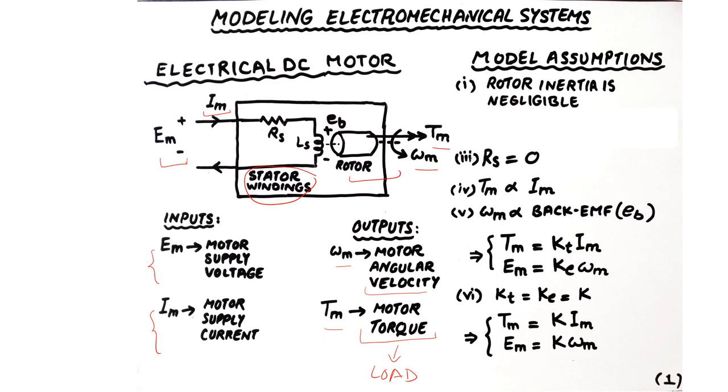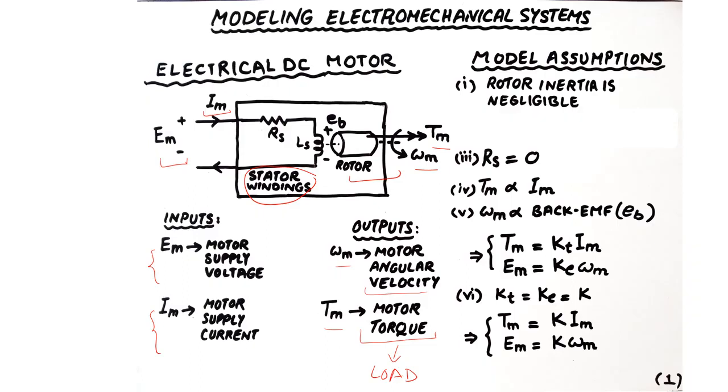This model is suitable for a large variety of DC motors, even if the actual hardware composition is slightly different. And it is generic enough to include multi-phase motor systems such as the three-phase brushless DC motor.